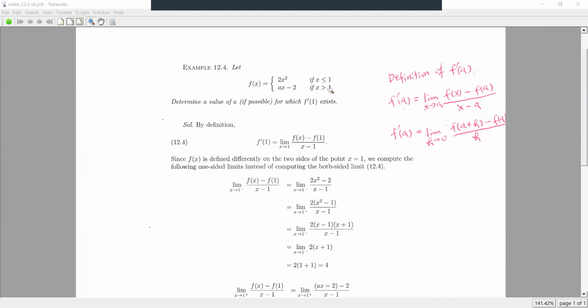On the right side of the point 1, the function is ax minus 2. They are different. So instead of computing this both-sided limit, I compute the left-hand side limit and the right-hand side limit respectively.